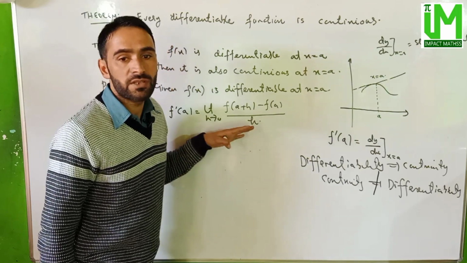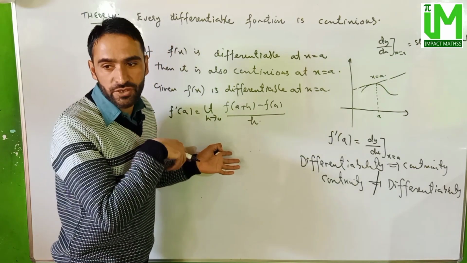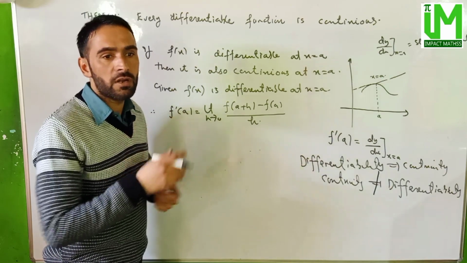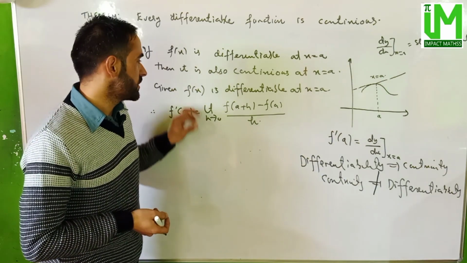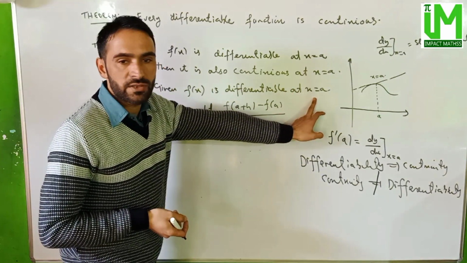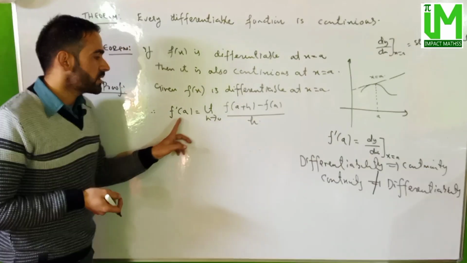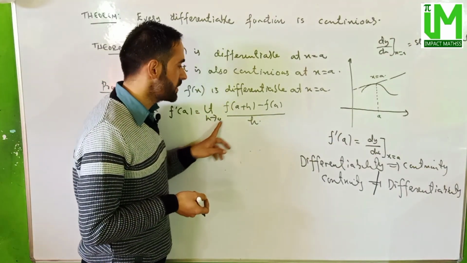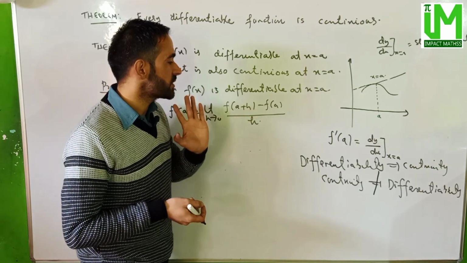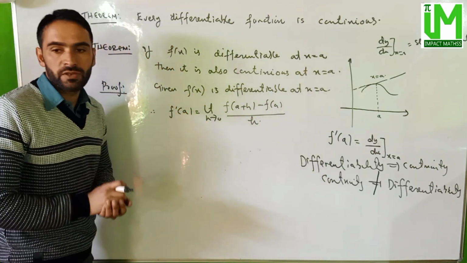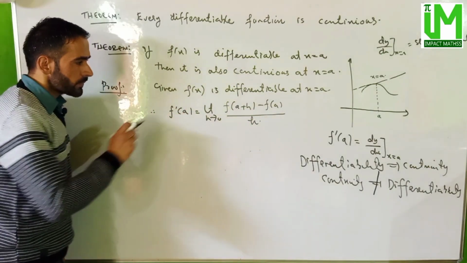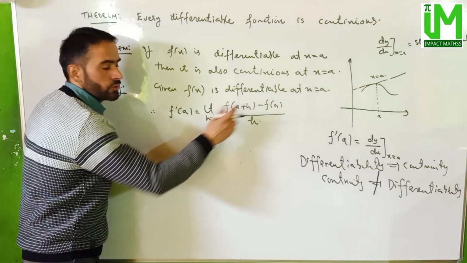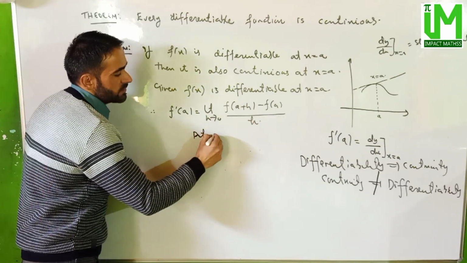Remember, this is simply the use of the definition of differentiability. It is given f(x) is differentiable at x equal to a, that means f dash of a equals limit h tends to 0 of f(a plus h) minus f(a) divided by h.